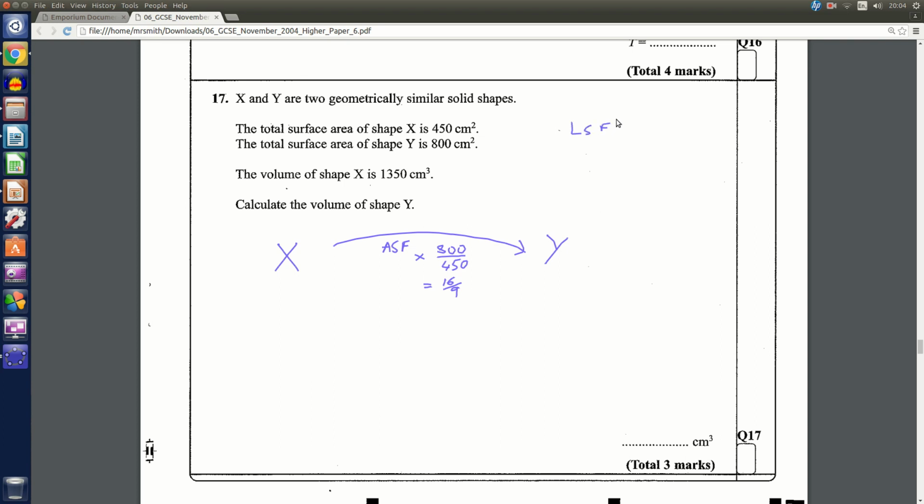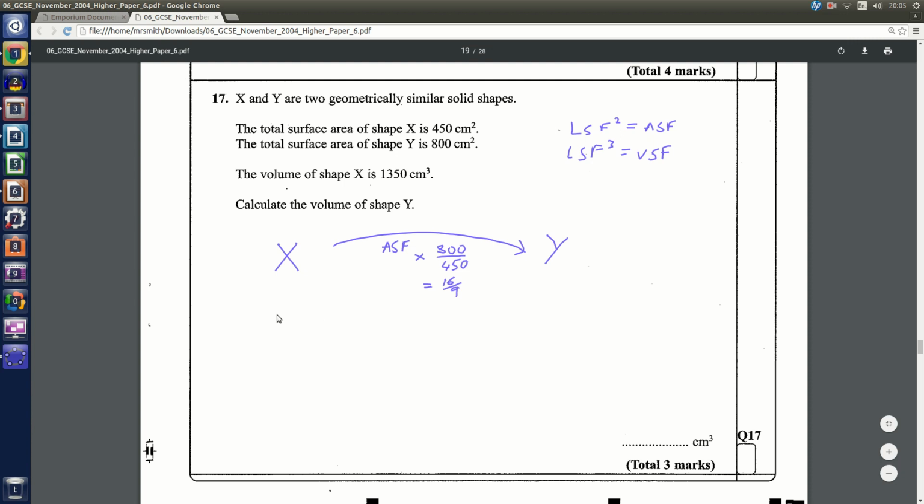Linear scale factor squared is area scale factor, but linear scale factor cubed is volume scale factor. What it tells me is I always need to find the linear scale factor first. As linear scale factor squared is area scale factor, my linear scale factor here will be the square root of the area scale factor.